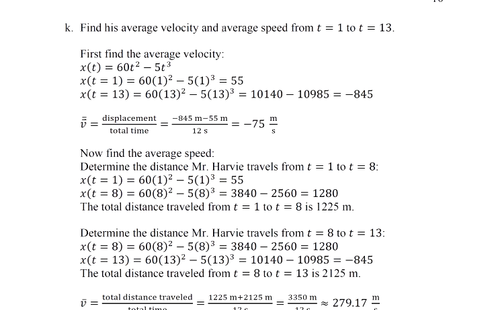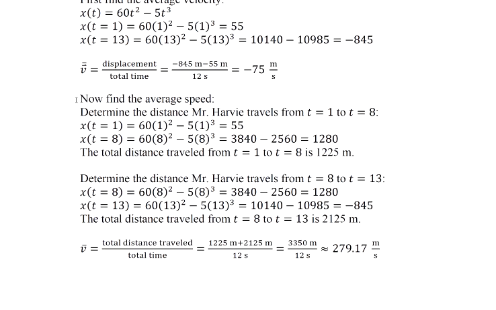Now let's find the average speed. Determine the distance Mr. Harvey travels from t equals 1 to t equals 8 is step 1. Then determine the distance Mr. Harvey travels from t equals 8 to t equals 13.